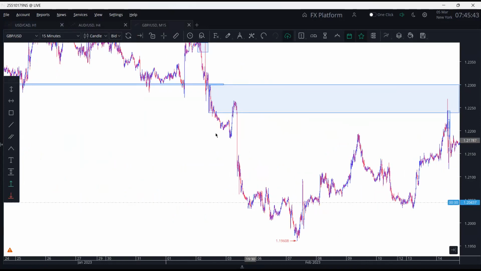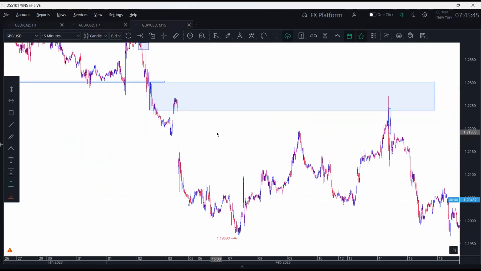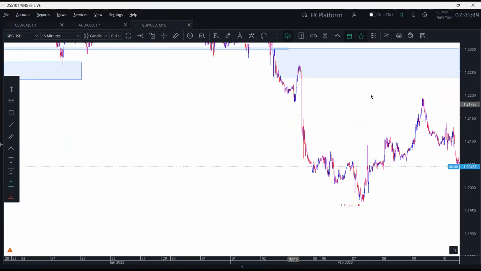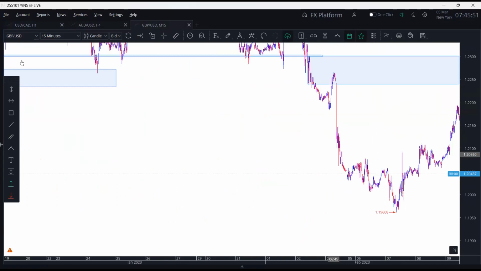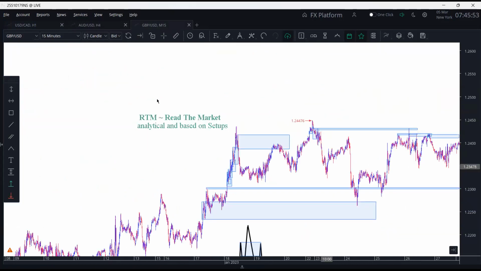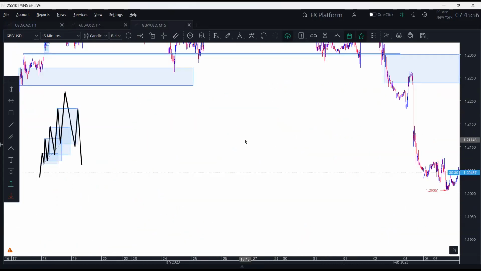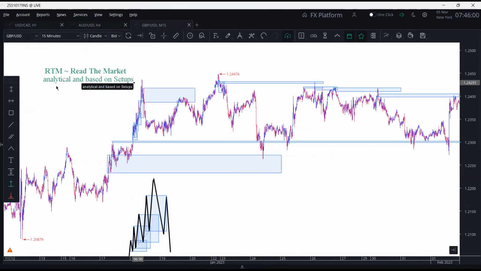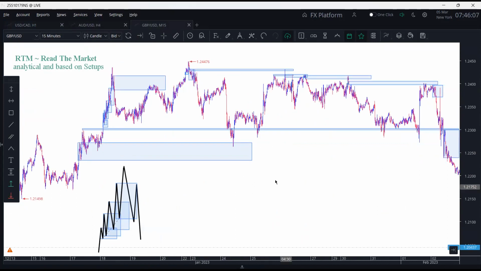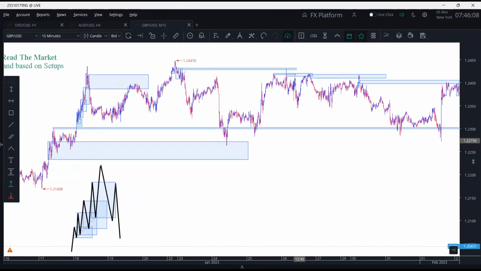That's it. Okay, guys. The next thing that I'm going to tell you is related to analytical and setup-based trading. I'm going to describe the difference between these two ways of trading a little bit in academic language.